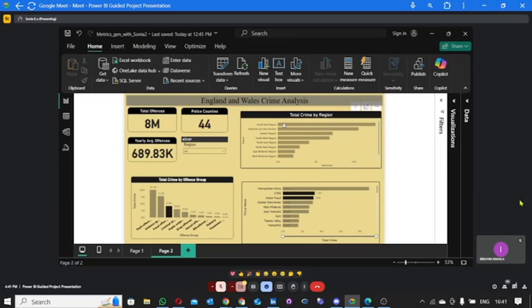And secondly, targeted crime prevention initiatives and sensitization campaigns. Police should go on sensitization campaigns for crimes with high rates.